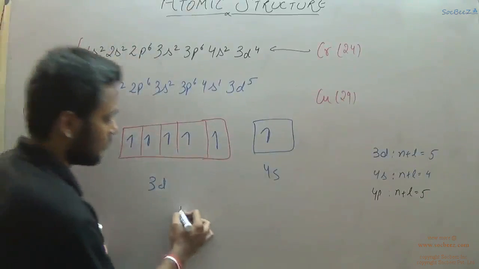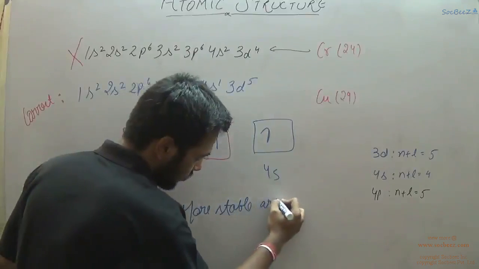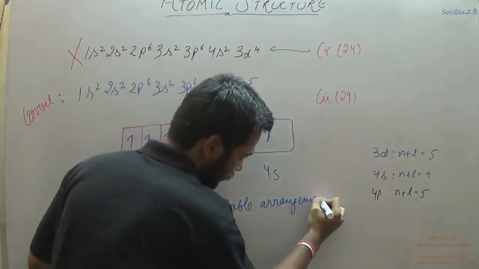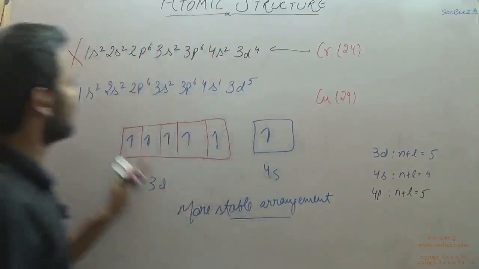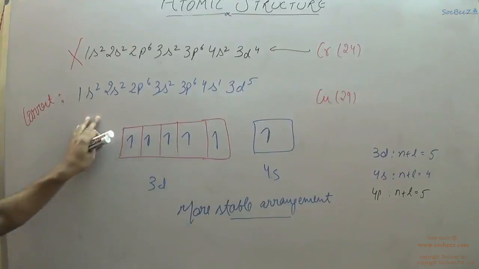So the correct electronic configuration for chromium is this.